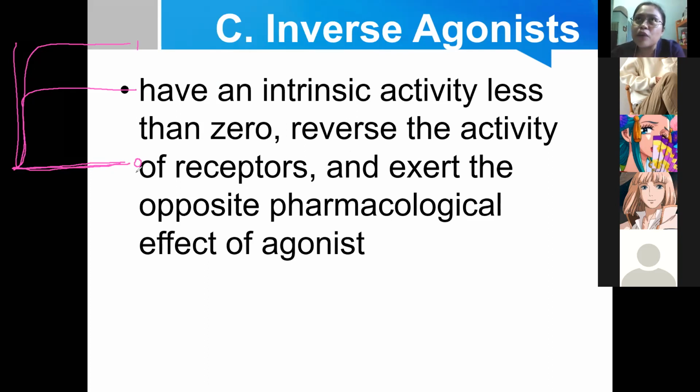Pero si inverse agonist, mo bind siya sa receptor, i-activate gihapon niya ang receptor pero baliktad iyang effect. Ang graph ni inverse agonist is pabaliktad. Again, kung ang effect ni ligand dito sa receptor kay pampataas sa heart rate, si inverse agonist baliktad. Ipababa niya ang heart rate.